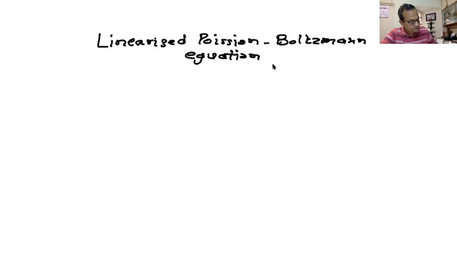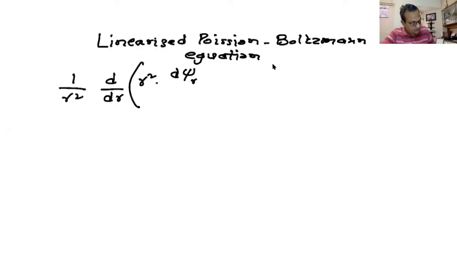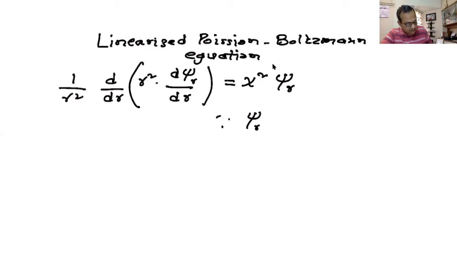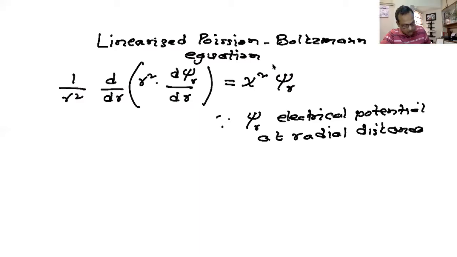The equation was 1 upon r square d by dr of r square d psi r by dr is equal to chi square psi r, where psi r is basically the electrical potential at radial distance r.